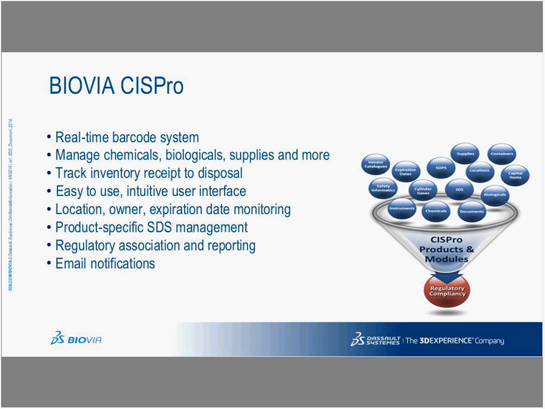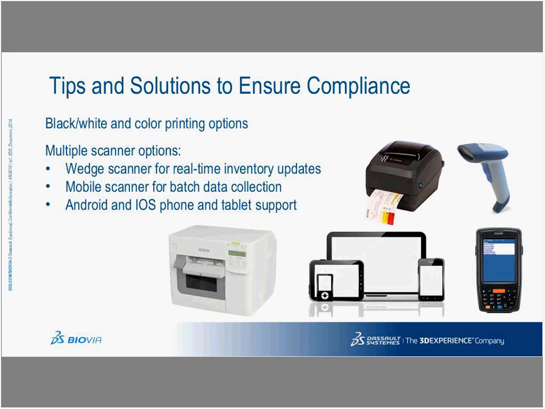And this system has been successful for so many years because it allows for multiple different printing options. In the last year, we've adopted color printing in addition to black and white. So the majority of inventory still just requires the barcode label, the inventory label. But adding on top of that, for all of our customers to be able to ensure compliance with GHS, we now support color printing to include that diamond around the appropriate GHS pictograms.